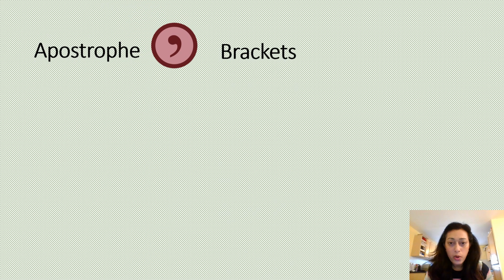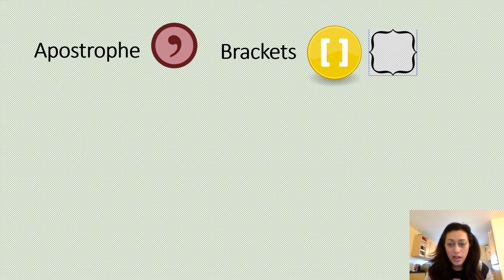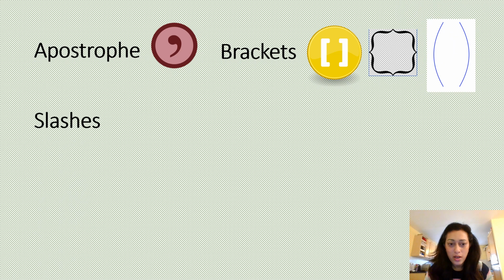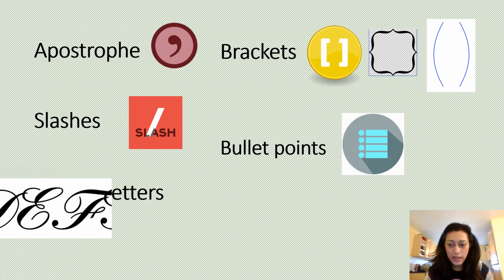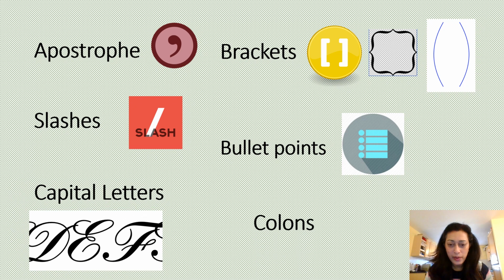So the first is apostrophe, then we have brackets. There are three different kinds of brackets: square, parenthesis, and round. Slashes, forward slash and backslash, that we'll discuss later. Bullet points, capital letters, and colons.